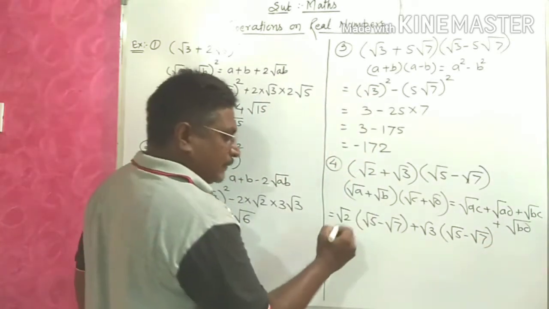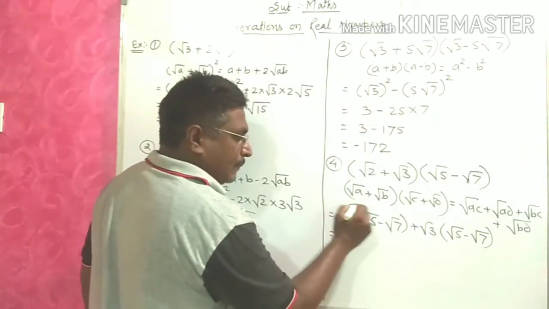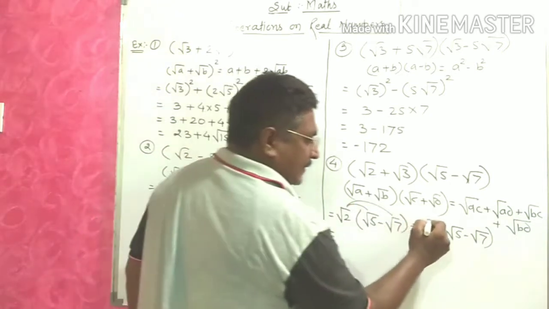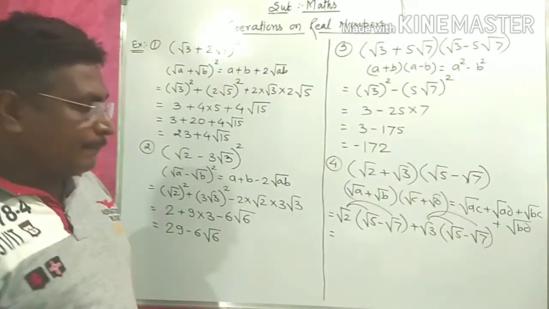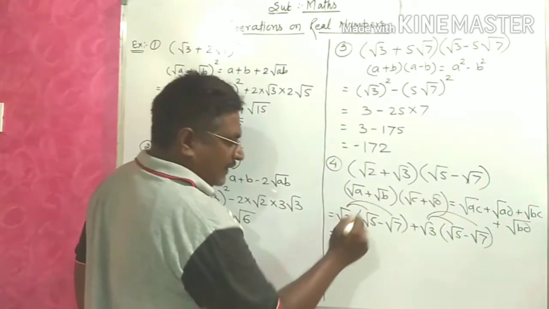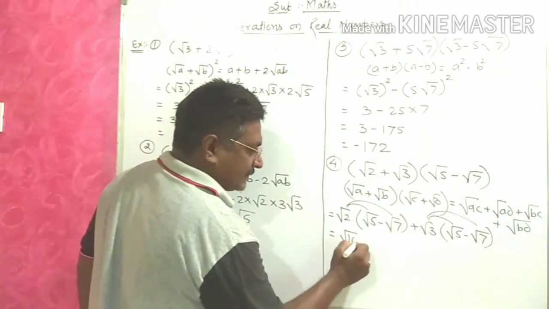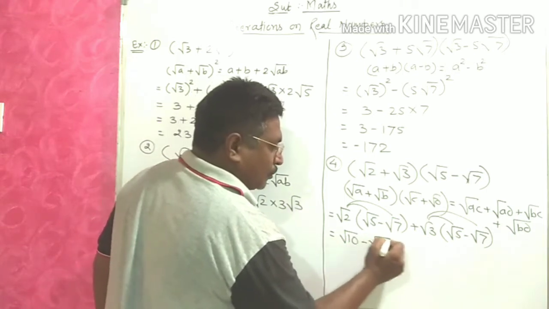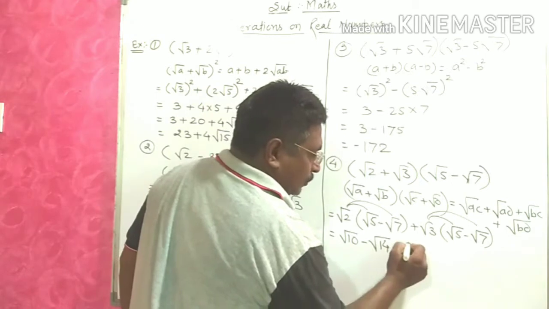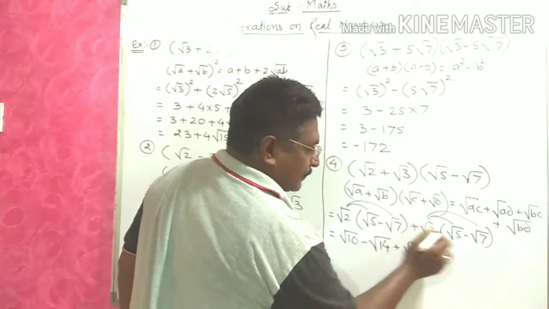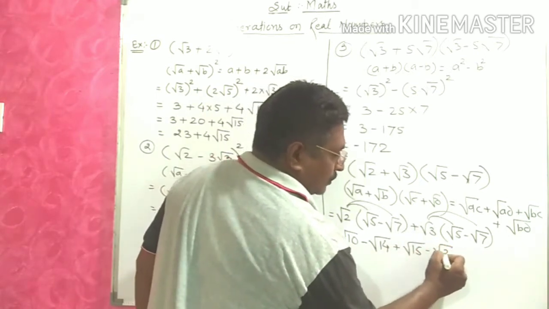Now use the distributive property, multiplying with each and every term of the bracket. So what will we get? Root 10 minus root 14 plus root 15 minus root 21.